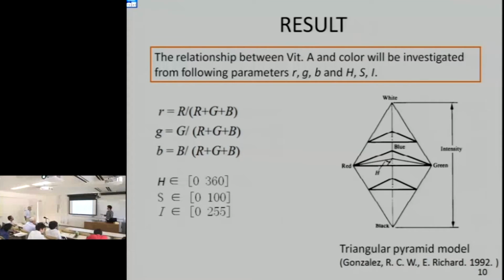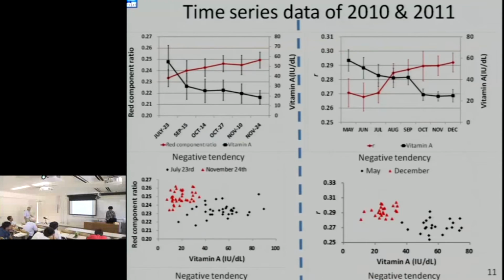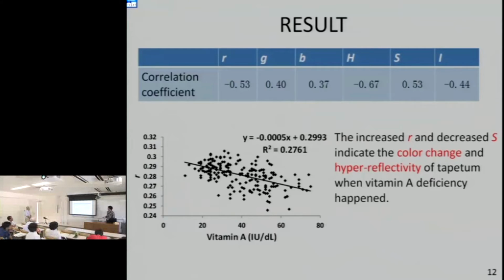Actually, in this parameter, only these 2 are effective. If you compare R and G, small r is most highly correlated. Small r is higher than small g.